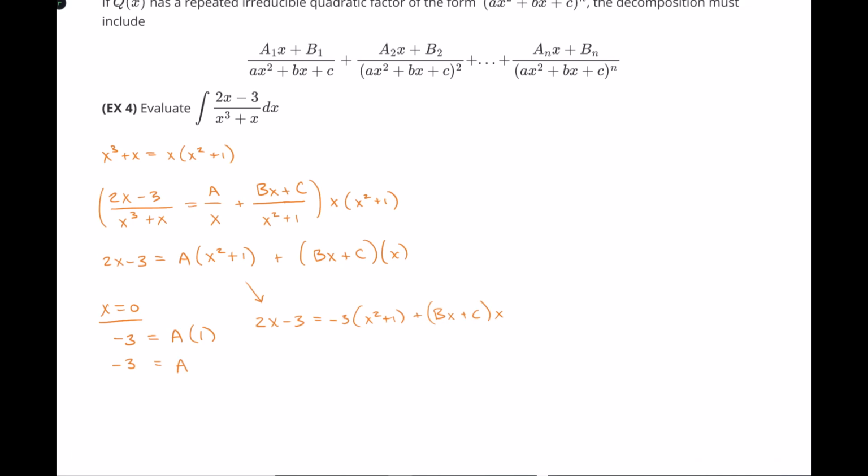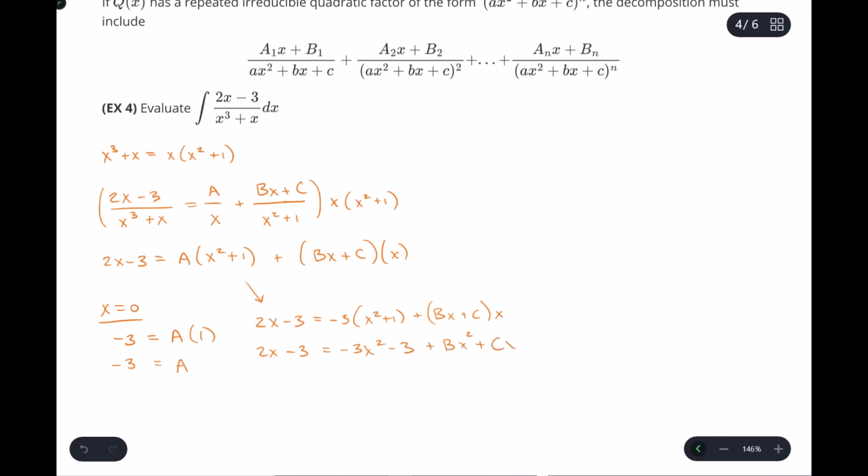Now, this equation I am free to manipulate in any way that I see fit. All right, so here's what I'm going to do. I'm going to first distribute the negative 3 and the x. So that would give me 2x minus 3 equals negative 3x squared minus 3 plus bx squared plus cx.